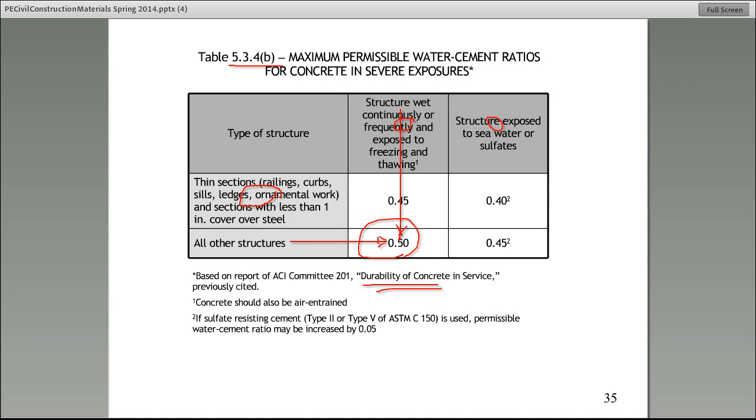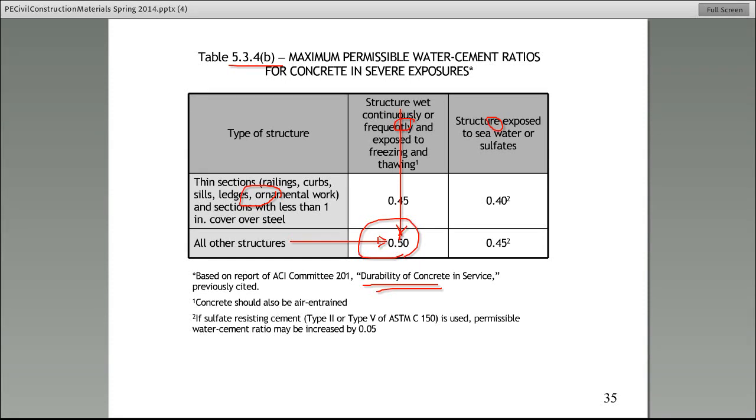All right. So this is what I want you to decide. Think about this, the less water we have in the concrete mix, the more durable that concrete will be. Therefore, if it's between 0.5 and 0.58, we go with 0.50.